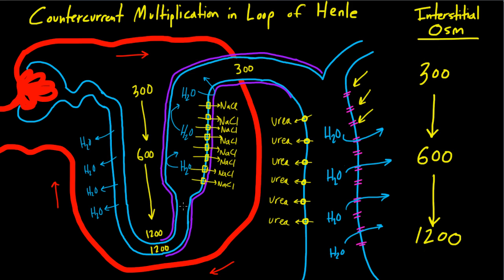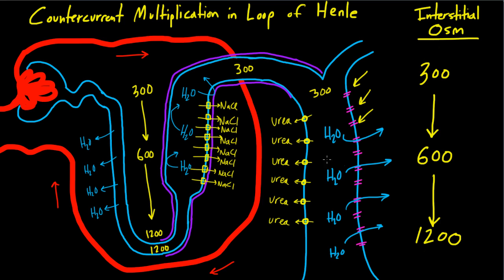Remember, another name for this segment of the thick ascending limb and the distal convoluted tubule is the diluting segment, because we're able to take away solute and leave the water behind. That dilutes it back to a normal osm. And so this is normal when it comes down the collecting duct.